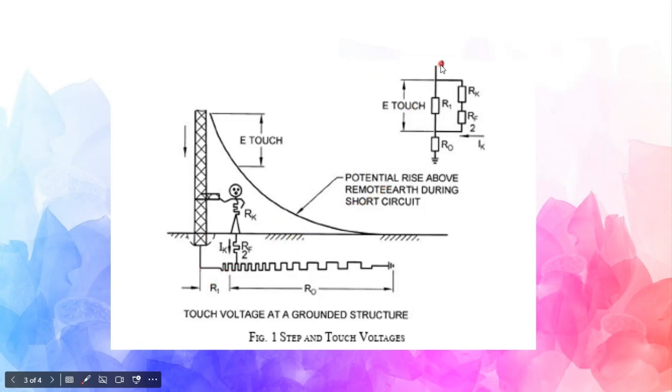The normal flow is R1, R0, but you are touching it, so there is another path. This path is RK, RF and then R0. So there will be a potential between these two, RK and RF. This potential is called touch potential. Just think what will happen to you if you touch something like this.